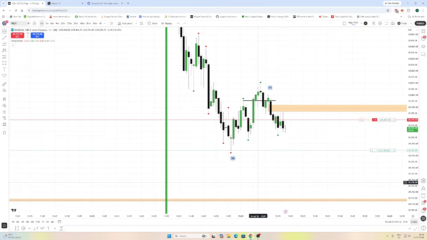But just to show you how time works, right, with the algo paths. So that's my whole intention of showing this.